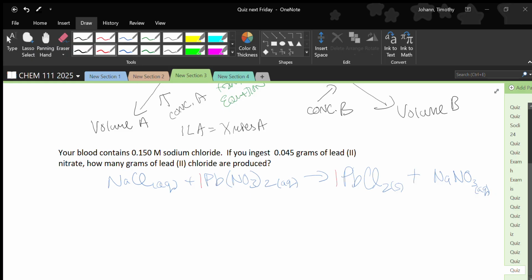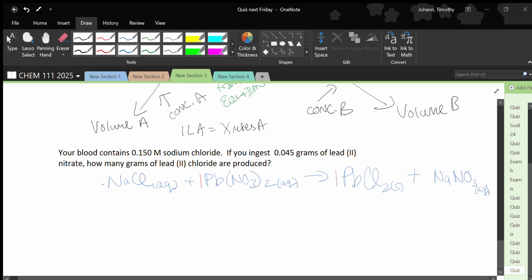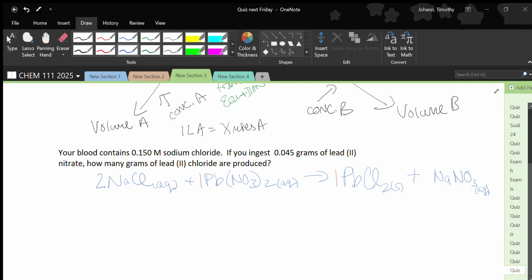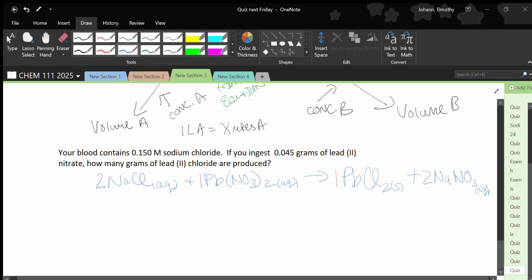So I need to put a 2 in front of this. Okay, and now I fixed how many sodiums I have. How many sodiums do I have over there? I'm bouncing back and forth. And how many sodiums here? 1 or 2. Put 2 to fix that. I'll come back and erase my 1s. All right, my equation's balanced.